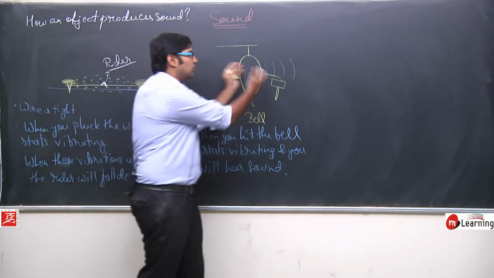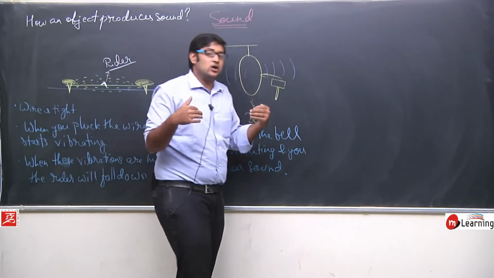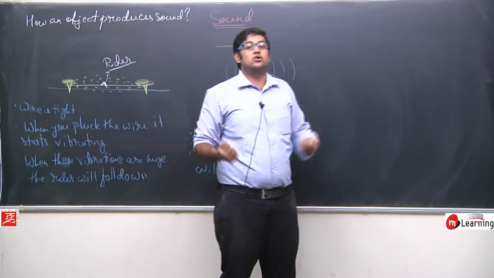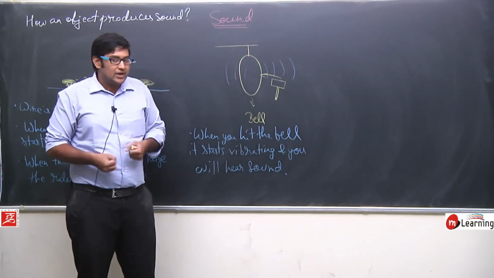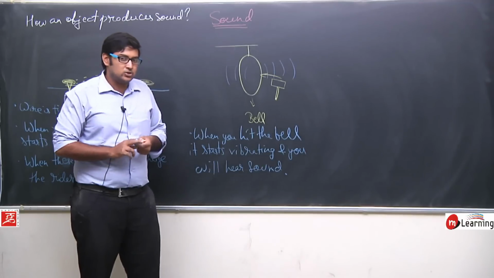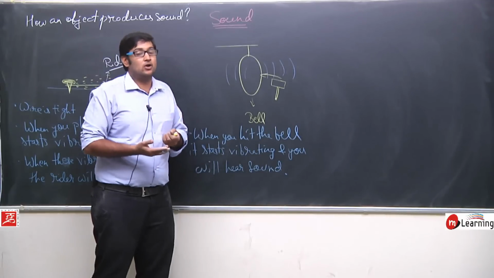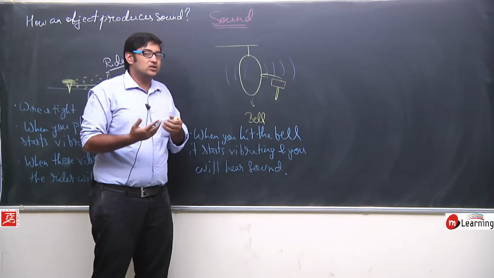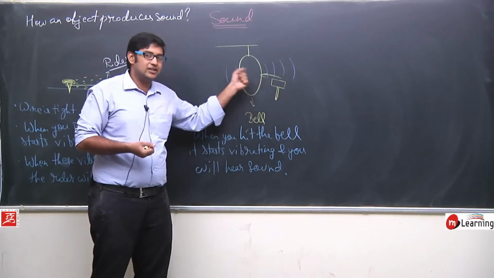Now what happens if I hold this bell like this? It will stop vibrating and the sound will cease to come out of it. So here also, the vibration of this bell is somehow related to sound. Now what happens if I again hit this with the hammer?